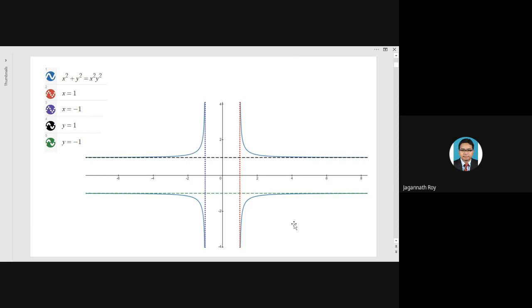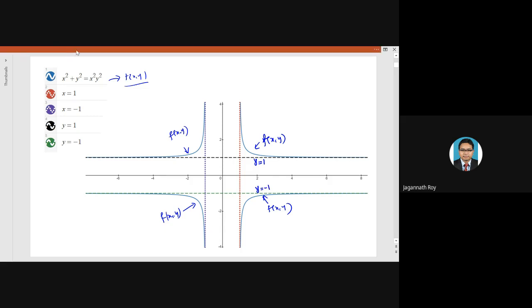There may be some other cases also. If we have a function like this, f of xy, these curves are f of xy. And here, this dotted line is y equals 1, and this one is y equals minus 1.